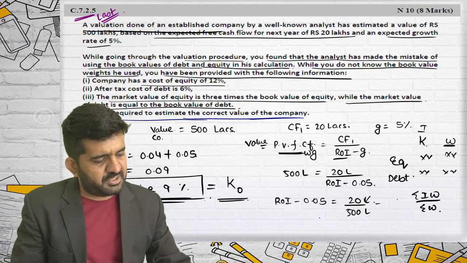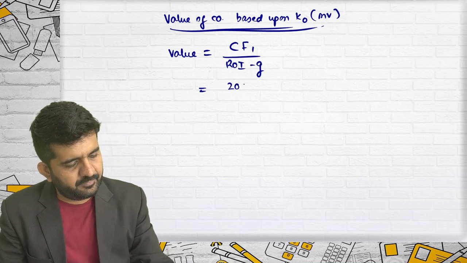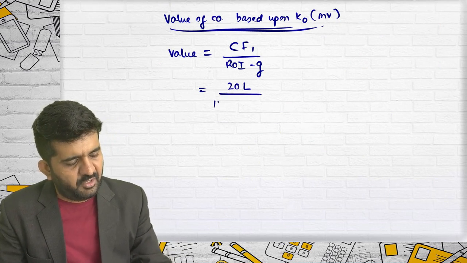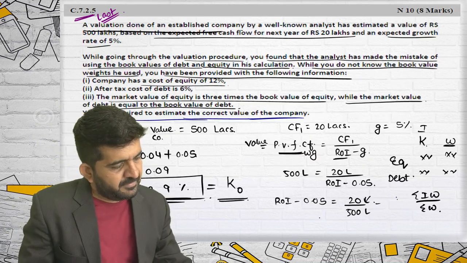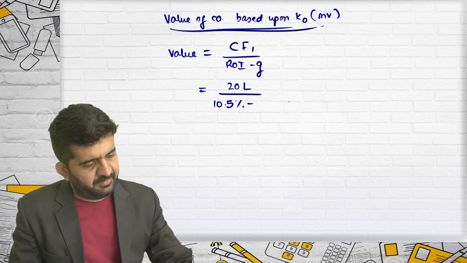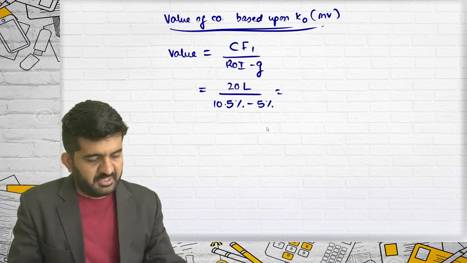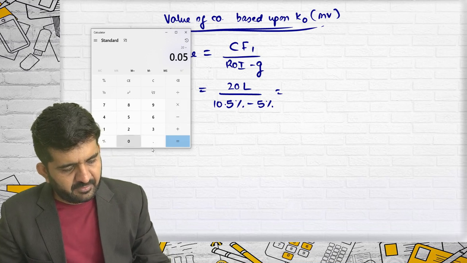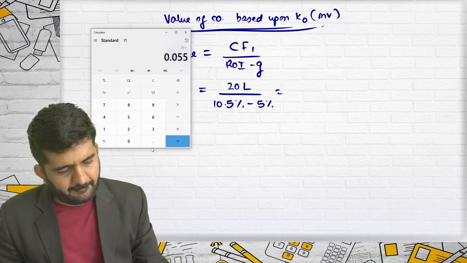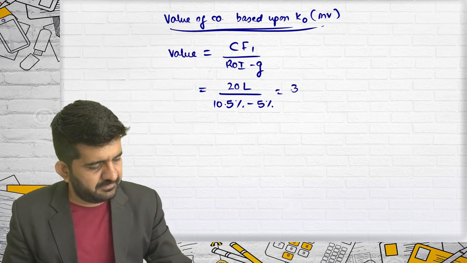Cash flow of first year I know, it is 20 lakhs, upon rate of interest 10.5% now, minus g is 5%, which is 20 divided by 5.5%. It is 363.63.